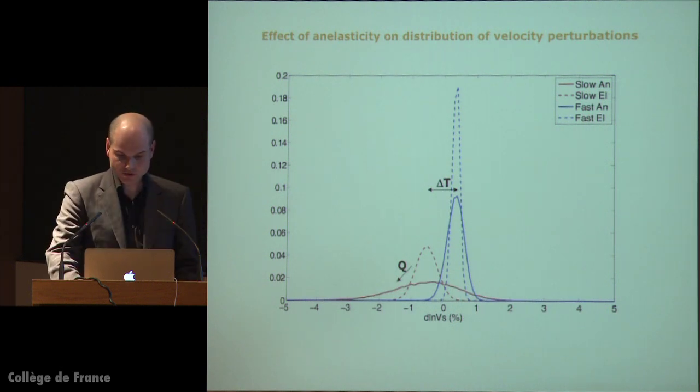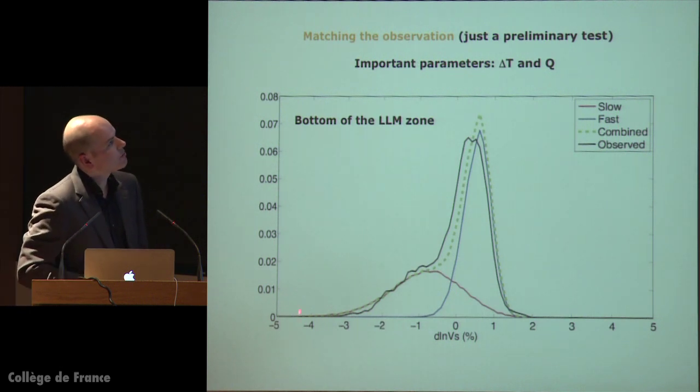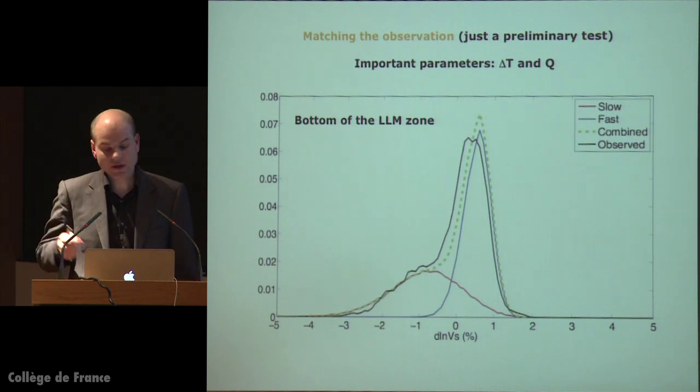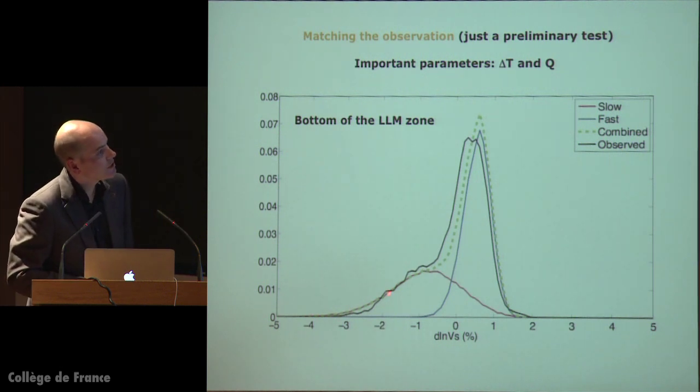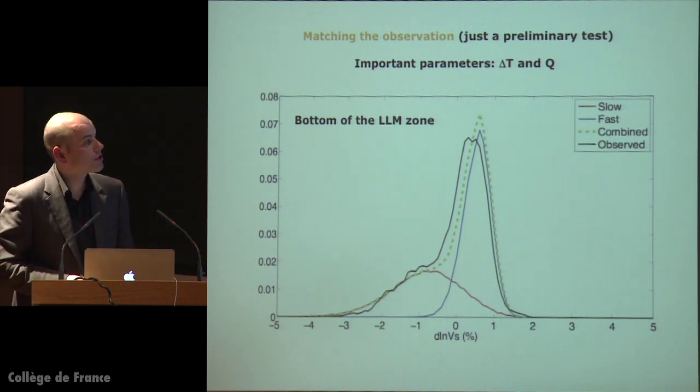the difference in the temperature between the slow regions and the fast regions. We didn't do the inversion yet, but we picked some depths at the very bottom of the lower mantle, and the black curve here shows the real distribution, the distribution observed by seismology.